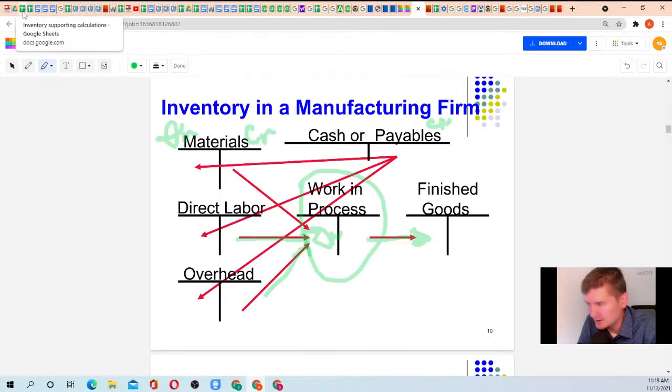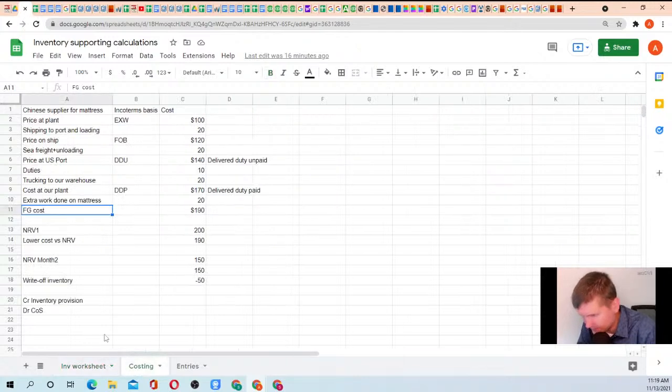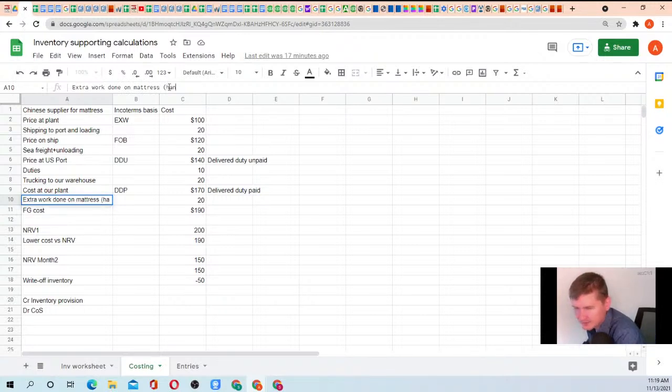Let's try to run an example in the costing. Let's say we get 100 mattresses. Let's keep it, extra work done on mattresses. Let's call it handling.